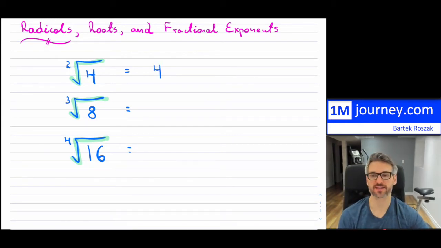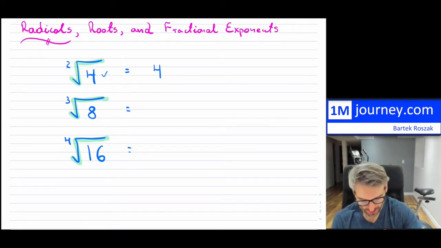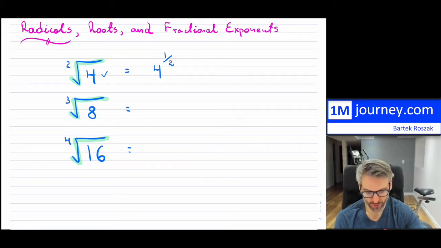The radicand stays the same, so the 4 is just a 4. And then instead of a radical symbol, you can literally change that radical into a fraction. The fraction now has a numerator of 1 and a denominator of your root.